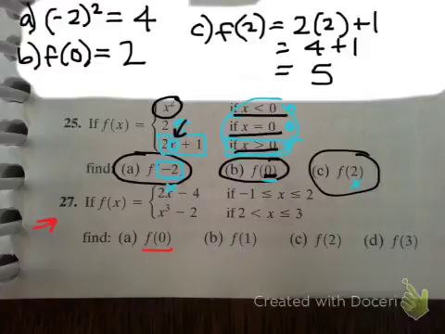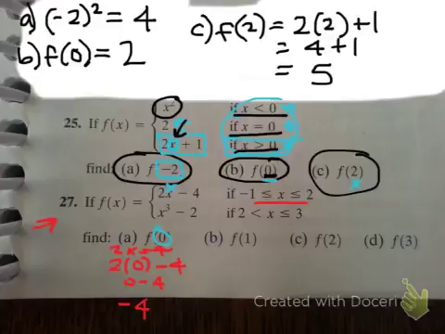It is between negative 1 and 2, so we're going to use 2x minus 4. We plug 0 in for x. 2 times 0 minus 4 gives us 0 minus 4, which is negative 4.